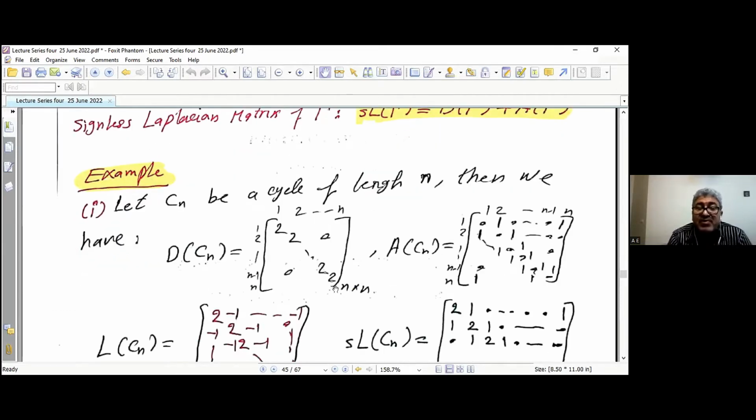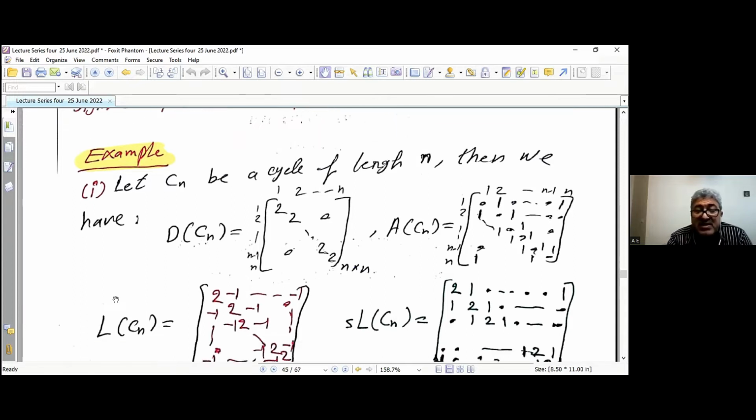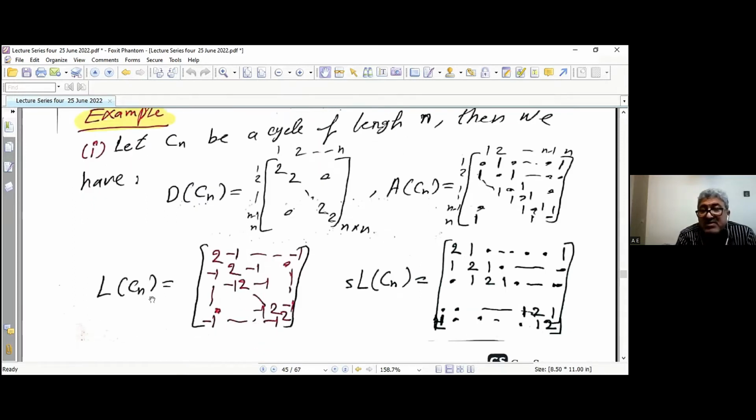So, for example, if you take the cycle of length n, this is the degree matrix. We have 2 on the diagonal, and that's the adjacency matrix. Now here is the Laplacian matrix, which is just the degree matrix of the cycle minus the adjacency matrix.